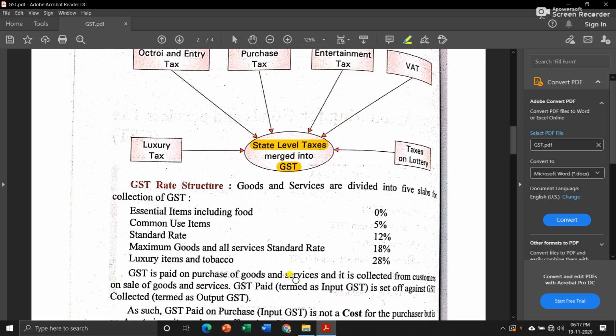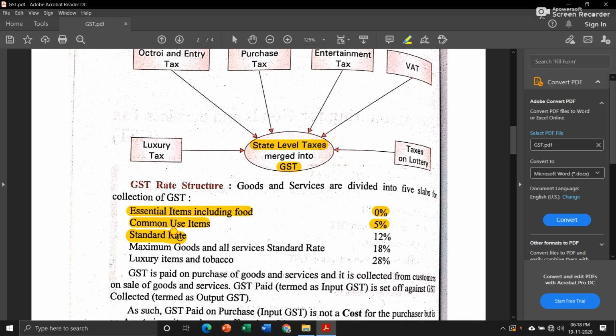Now when we talk about the GST rate structure, how much percentage of tax we are supposed to pay, it is divided into 5 parts. First is essential items, which include foods. We don't have to pay any GST, that means the rate of GST is 0 for essential items. Then common use items have 5% GST.